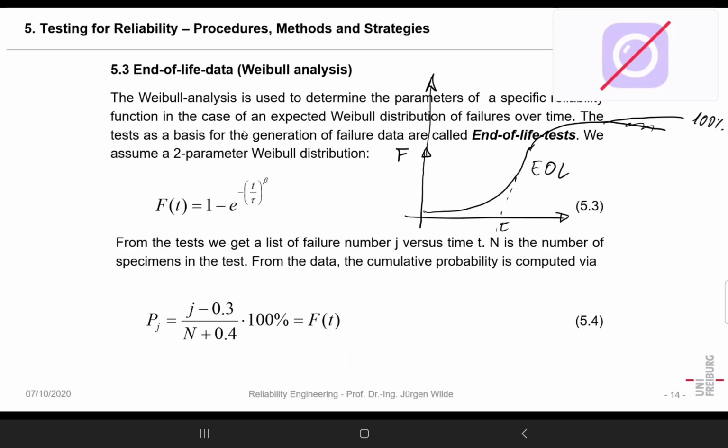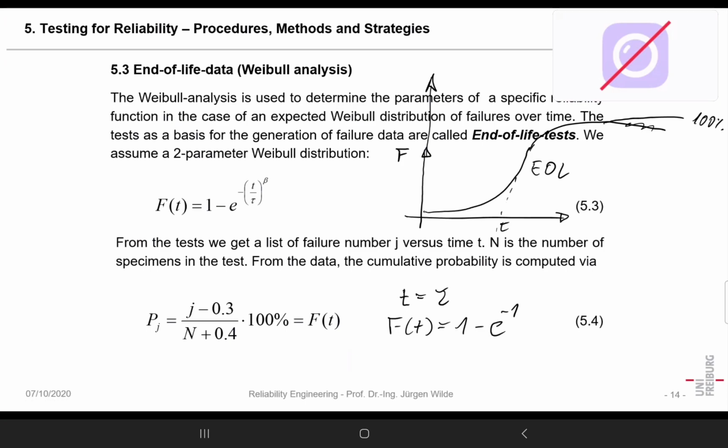How can we get that? What will be f of t if t is equal to tau? Then we have f of t is 1 minus e to the power of -1.